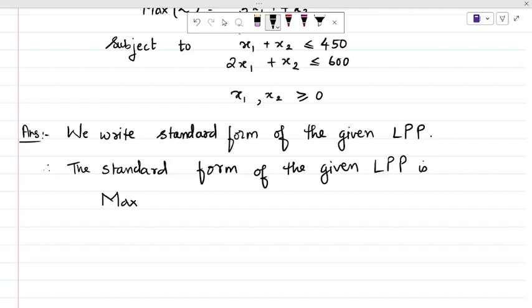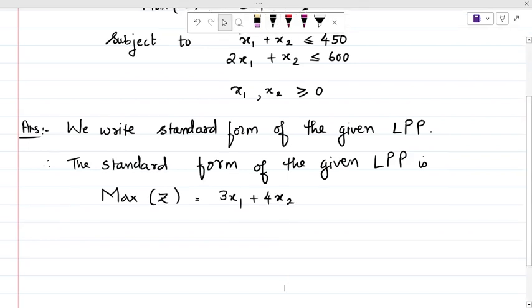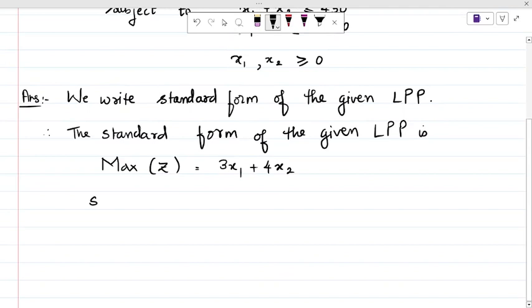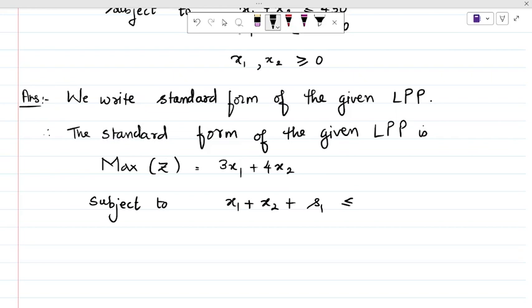maximize Z as 3x1 plus 4x2. Now we need to put in the slack variables. Subject to, the constraints are going to be x1 plus x2 plus s1, the less than or equal sign gets converted to equal to 450.